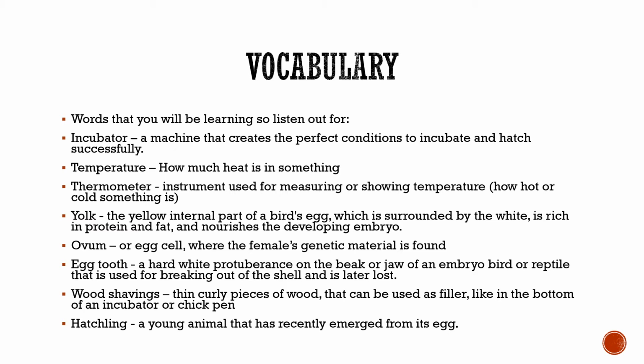Wood shavings, those are thin curly pieces of wood that can be used as filler, like in the bottom of an incubator or a chicken pen, or a brooder. A brooder is kind of like a chicken pen where you keep those young chicks and pullets. So then we have our hatchling, which we just learned about, and that's a young animal that's recently emerged from its egg. That's going to be a really short stage in its life.